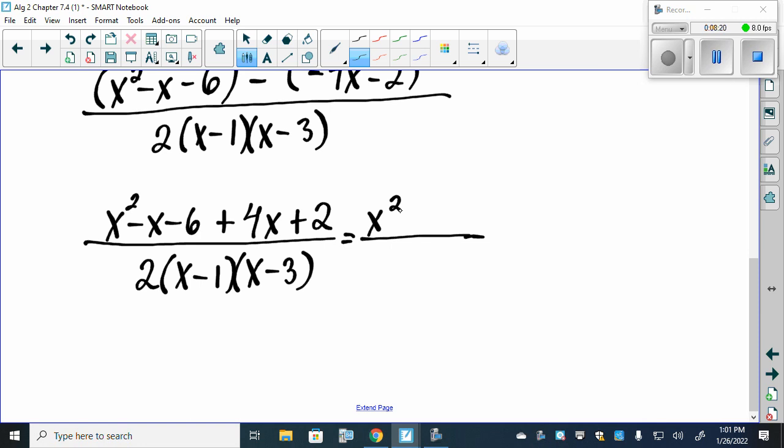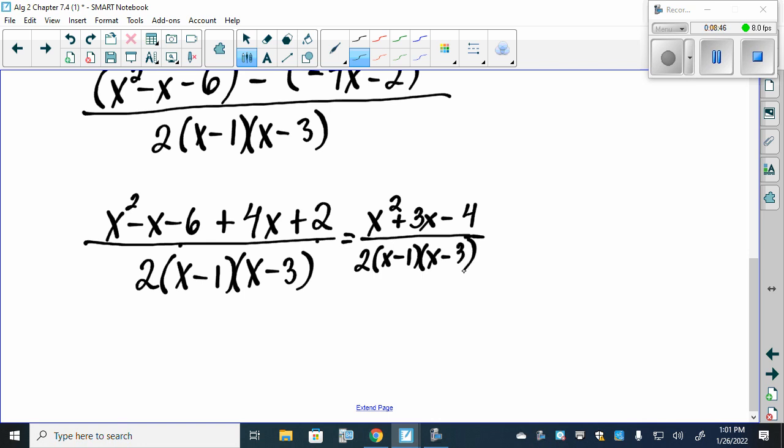So it just stays x squared. Now our negative x plus 4x is going to be plus 3x. 4x minus x would be 3x. And last we have negative 6 plus 2, or 2 minus 6 is going to be negative 4. And this is going to be over 2 times x minus 1 times x minus 3.